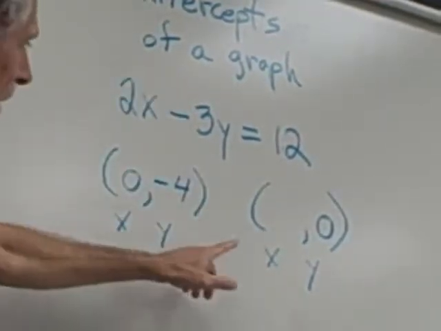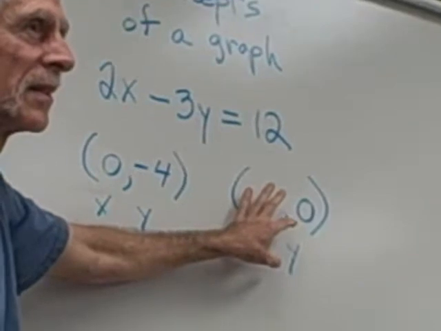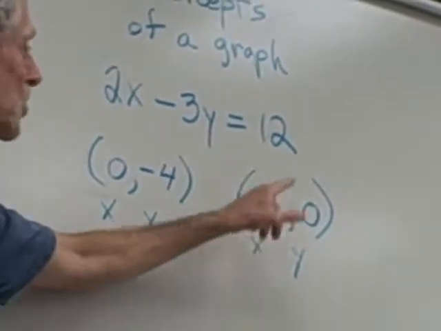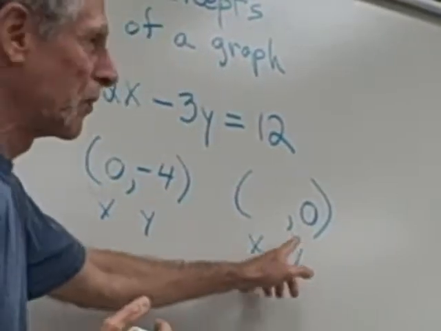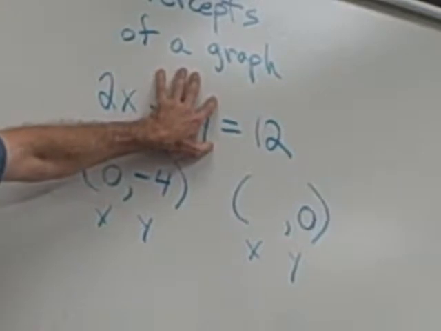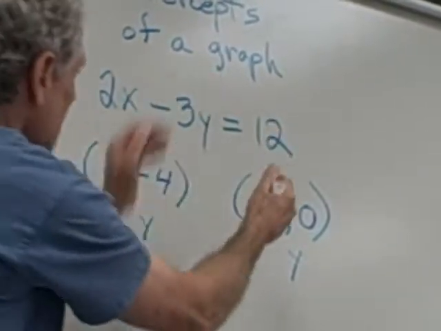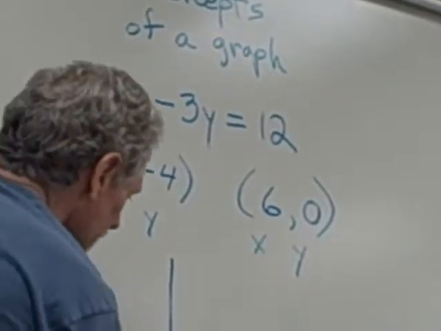Now, since y is 0, what intercept is this one? The x-intercept. Since y is 0, it's always the other one. I cover up the y term, and I solve for x and I get 6. Look at how easy that is to get those intercepts.